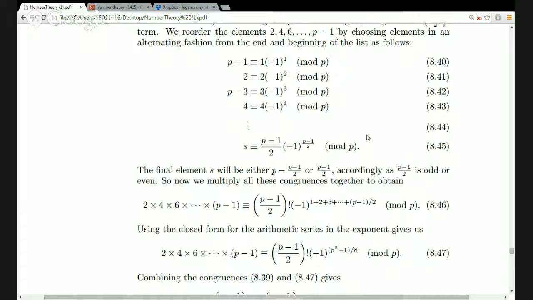Yeah? You know your rules of indices like the back of your hand, don't you? When you multiply all these various powers, you have to add up the exponents. Yeah? You're multiplying different powers of minus 1. What you're doing is you're adding up all these exponents here. So we're adding up 1 plus 2 plus 3 all the way up as far as p minus 1 over 2.